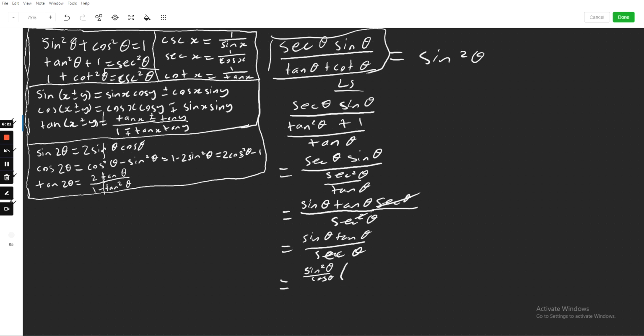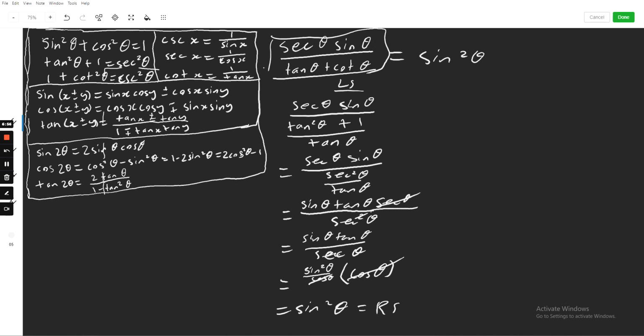You actually make this times cosine theta, because sine theta times tangent theta over 1 over cosine theta is equal to sine squared theta over cosine squared theta over cosine theta times cosine theta, so we can cancel with the cosine thetas, equals sine squared theta, which equals the right side.